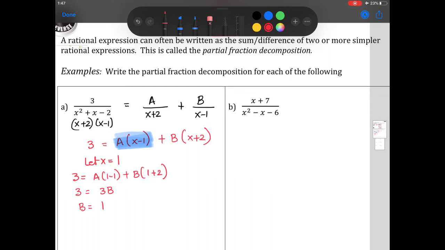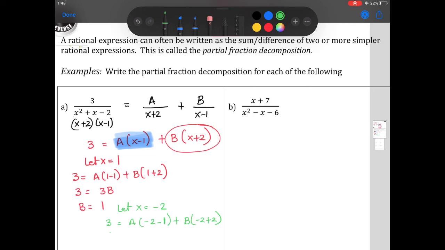Similarly, I'm going to pick a value for x that makes my second term 0. So let x equals negative 2. So if I have x equals negative 2, I get a times negative 2 minus 1 plus b times negative 2 plus 2.